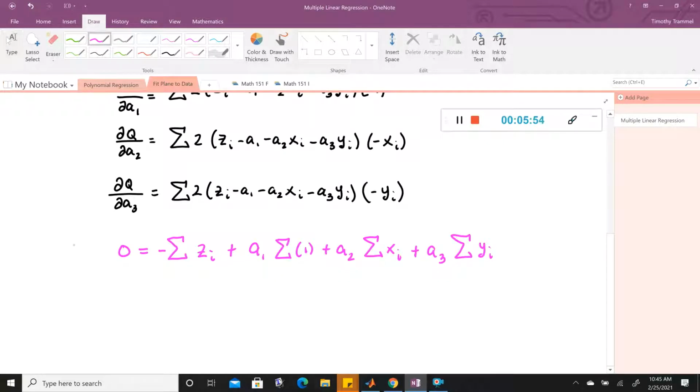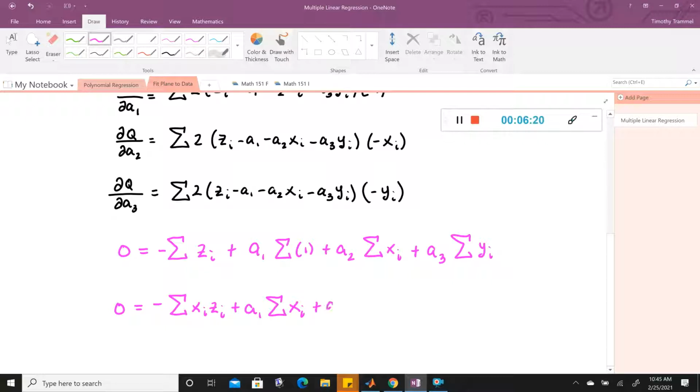And let's do that with these next two. Minus the sum, and it looks like we're going to have a z sub i times x sub i. And then plus A1 times the sum. This time, again, we're distributing minus x sub i, so this is going to make a positive x sub i here.